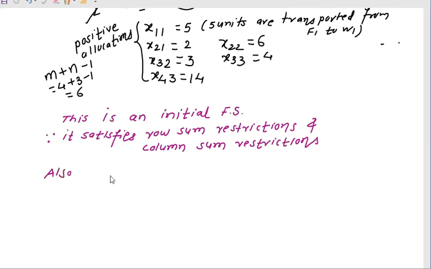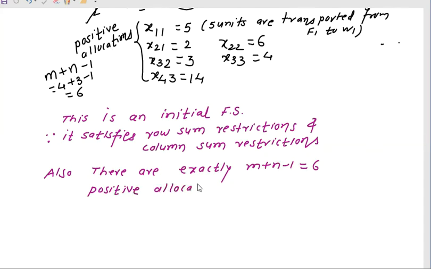Also, how many positive allocations are there? 6, exactly m plus n minus 1 positive allocations in the solution.